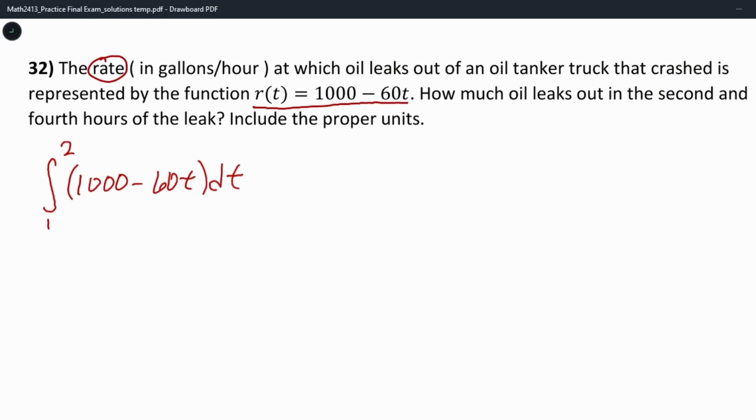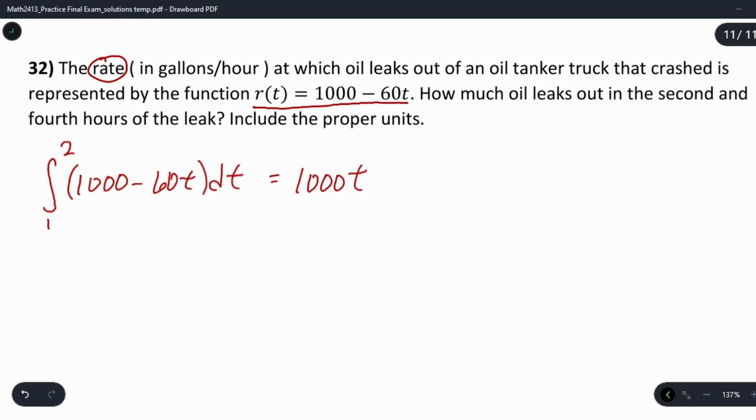So here I've got my first integral set up. We need to find the antiderivative, starting with the 1000. That constant simply gets a t, and then the antiderivative of 60t, we're going to add 1 to the power, giving us t squared. 60 divided by 2 gives us a 30.